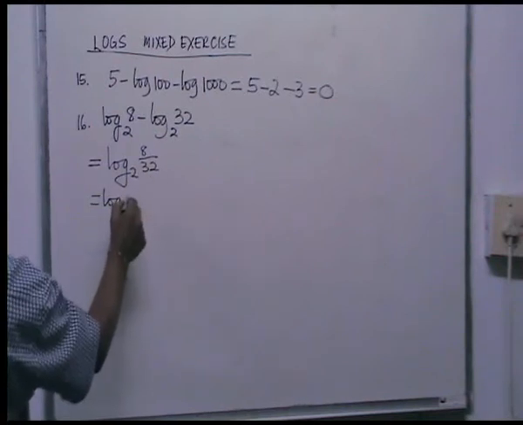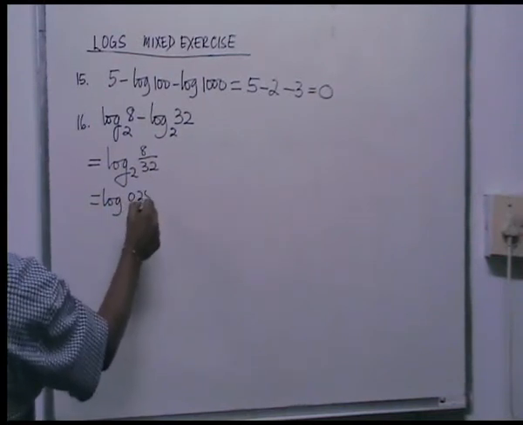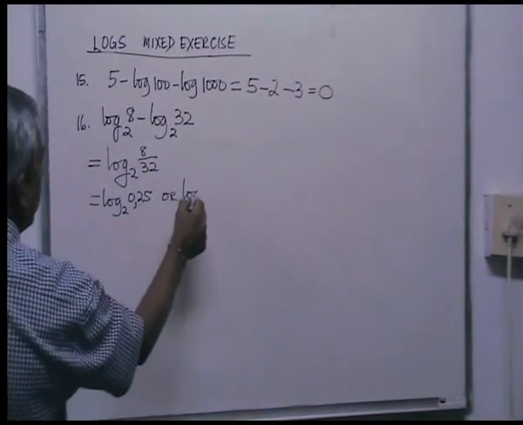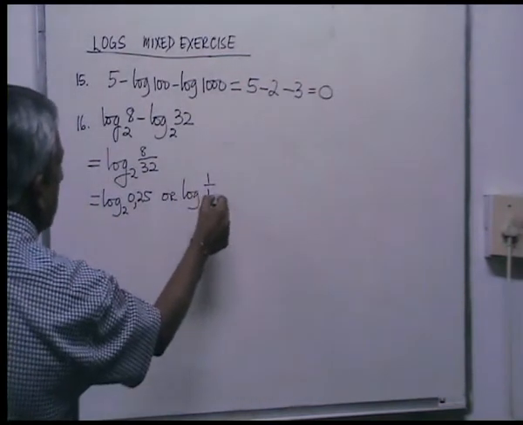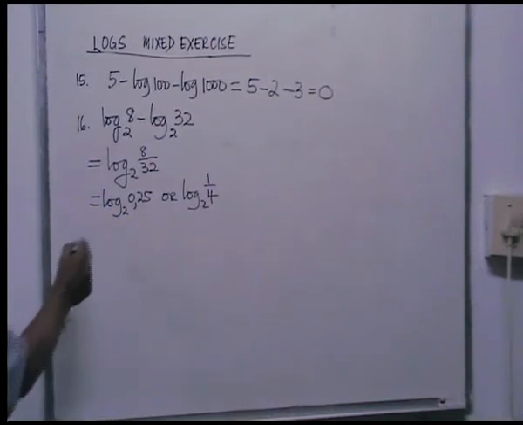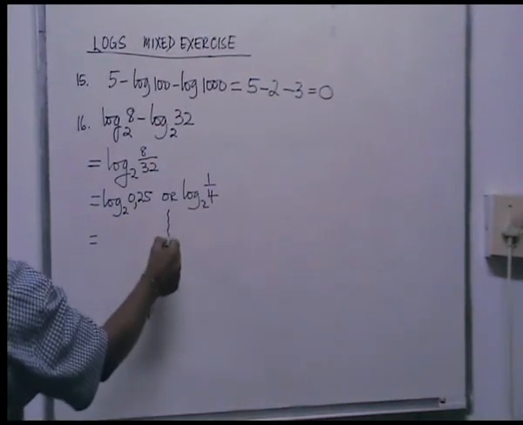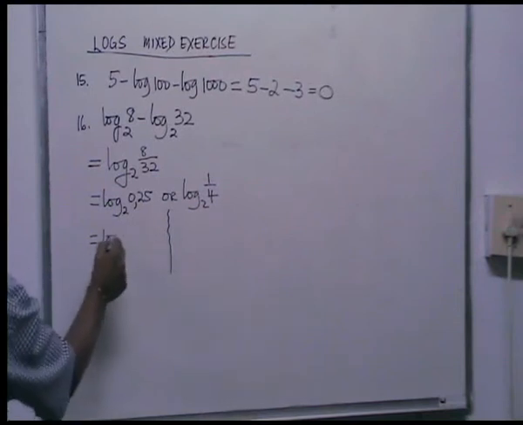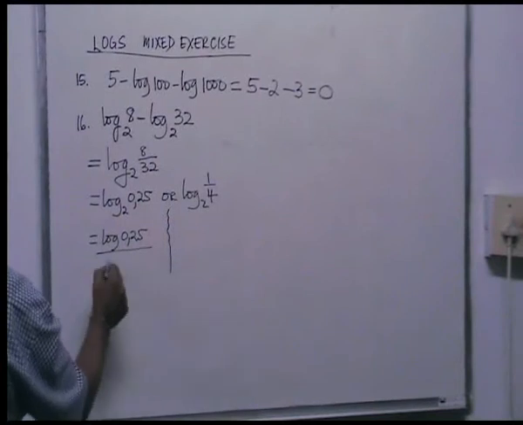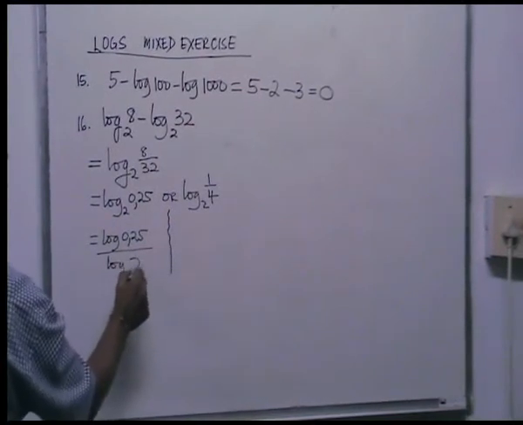If you put it in the calculator, you'll get 0.25 to the base 2, or you'll get log of a quarter to the base 2. If you want, you can continue with this. I can change base. If I change base here, I'll get log 0.25 all over log 2.